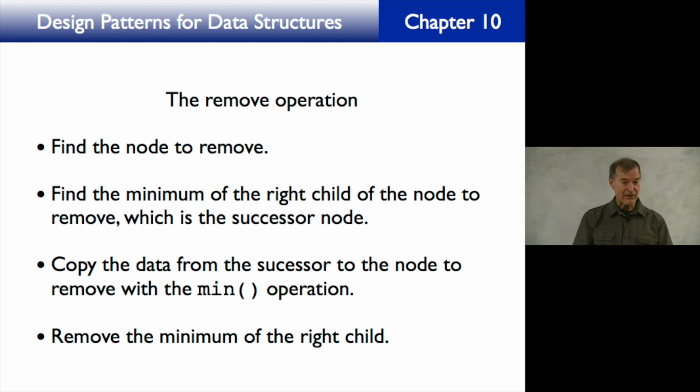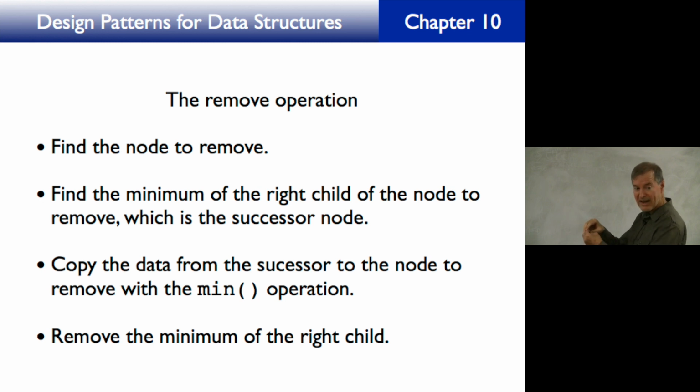Now, do you remember with our dictionary how we did remove? With our binary tree dictionary, do you remember what we did? We found the maximum of the left child, which was the predecessor node. Are you with me?